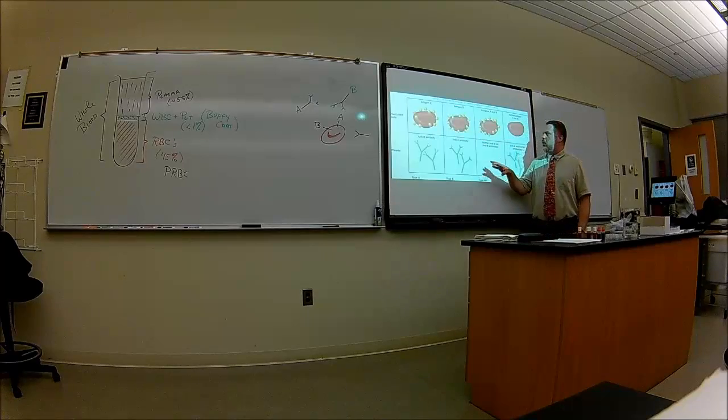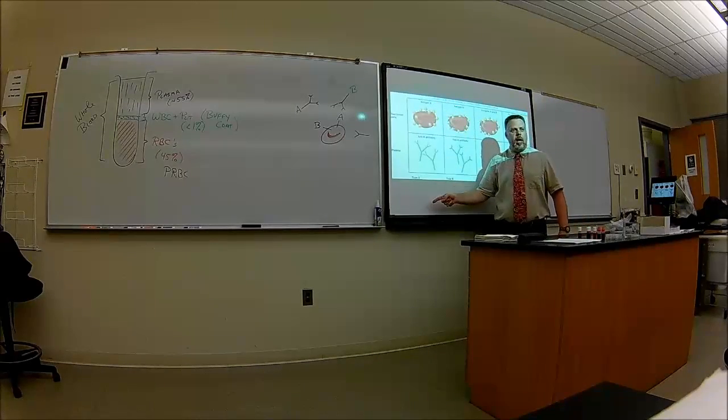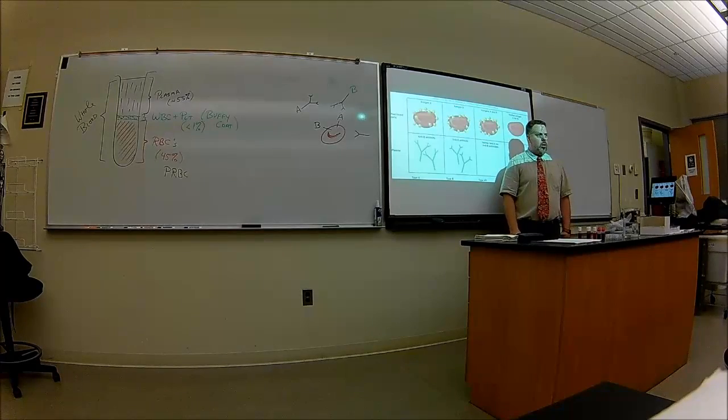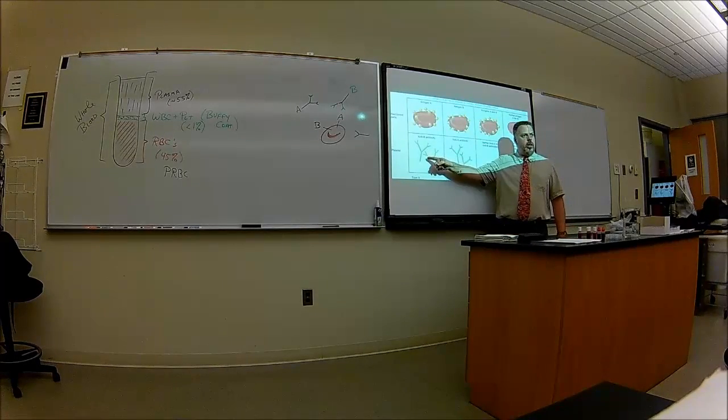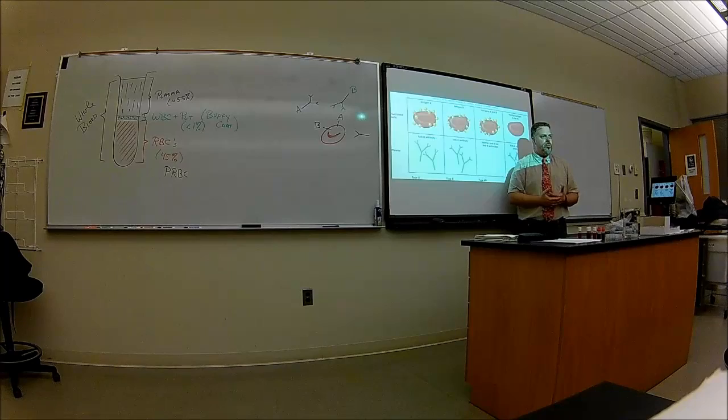So if I'm just going to give packed red blood cells of AB blood to a person who is blood type A, can I do that? No. Why? The antibodies here of B will connect here and destroy them, and you'll go through a transfusion reaction. Okay?